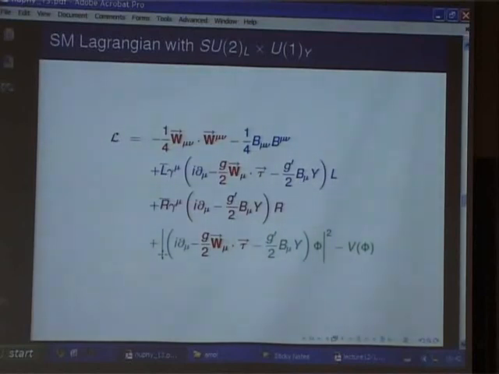Phi can have a mass term. So the Higgs can have a mass. I haven't told you about that. But all the L's and all the R's don't have mass terms. W's and B's don't have mass terms. So at this point, the only thing which has a mass is the Higgs boson. And all fermions and all gauge bosons are massless.